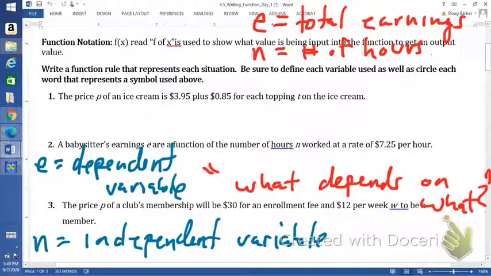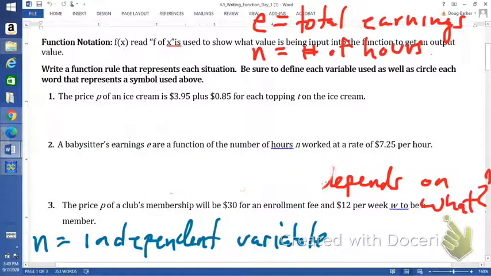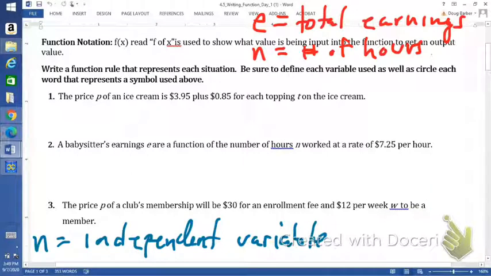And all you need to really understand from this is that the dependent variable is what gets capitalized. So if we come back to the problem, actually we're doing the second one and I wrote all over that, so I'm going to have to erase, unfortunately. I apologize.